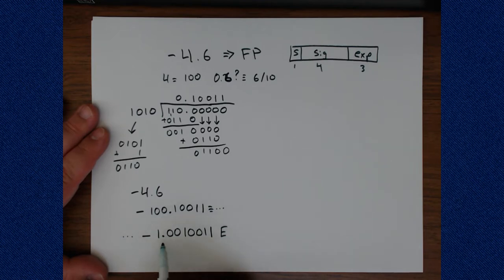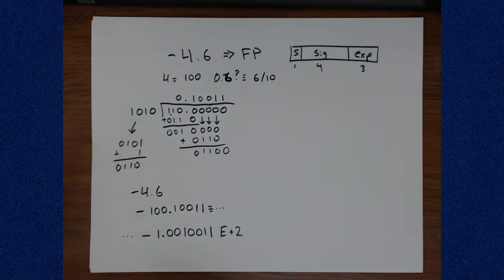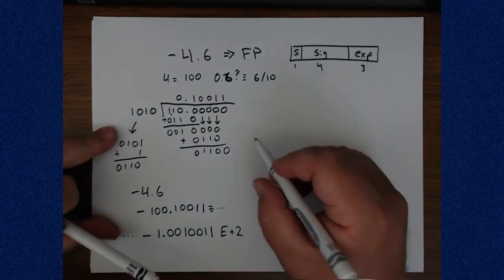So we need an exponent that takes the radix from here to there. So it needs to go over 1, 2 positions to the right. So e plus 2.